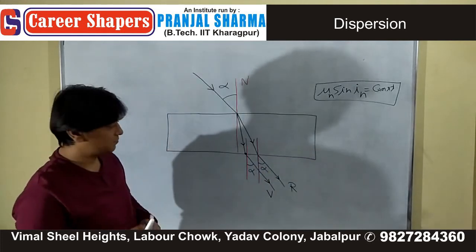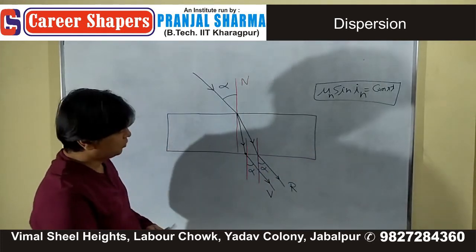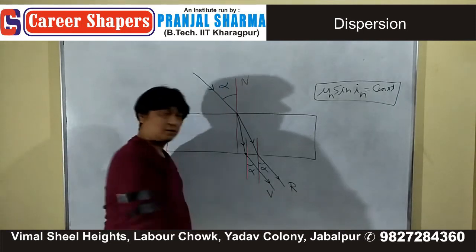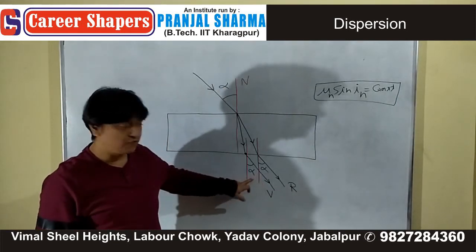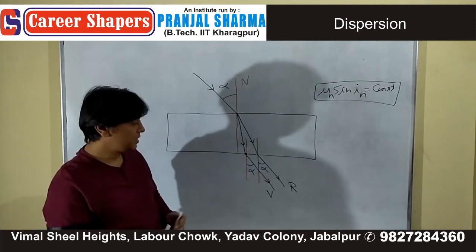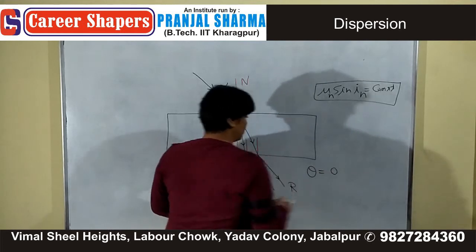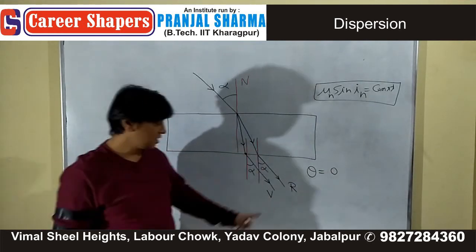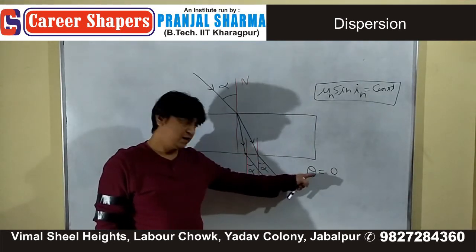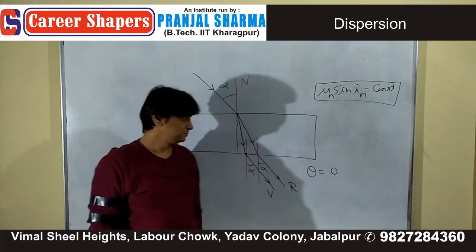They will remain the same. Now once you find that both V and R make the same angles, alpha and alpha, immediately you know that theta is 0. What is theta? Theta is the angle between these two rays. That is 0.